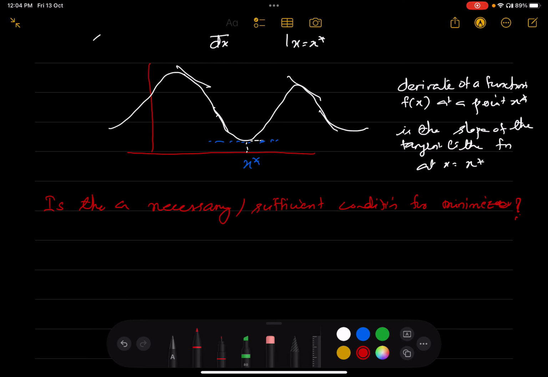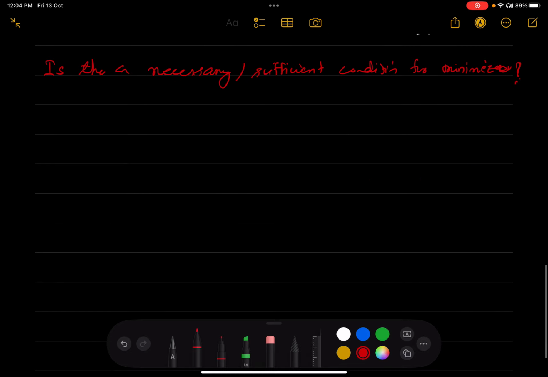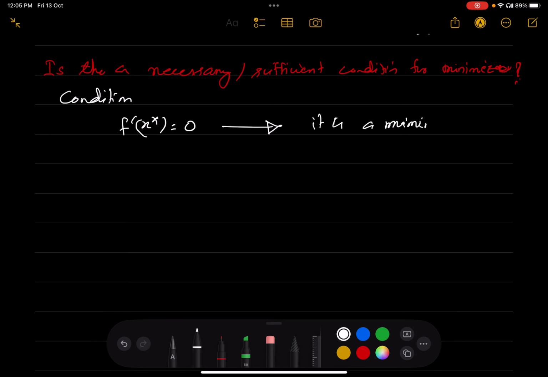Let me give a recap of what a necessary condition is. Here the condition we have is f dash at x star is equal to 0. If just by this condition we can say it is a minimum, then we call it a sufficient condition.